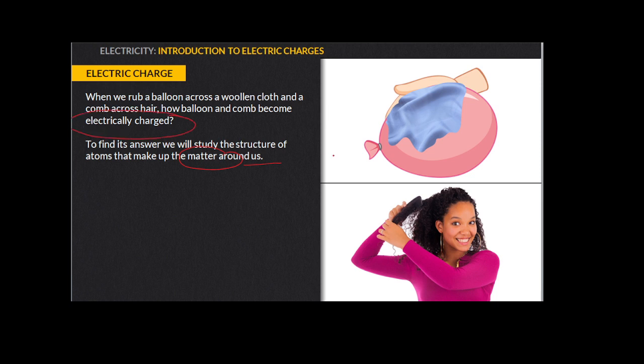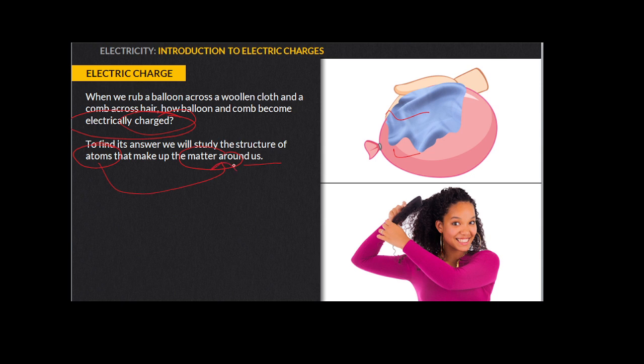Like in this case, when we rub a balloon across a woolen cloth, the balloon and cloth become electrically charged. To understand what these charges are and what kinds they are, we need to understand atoms.